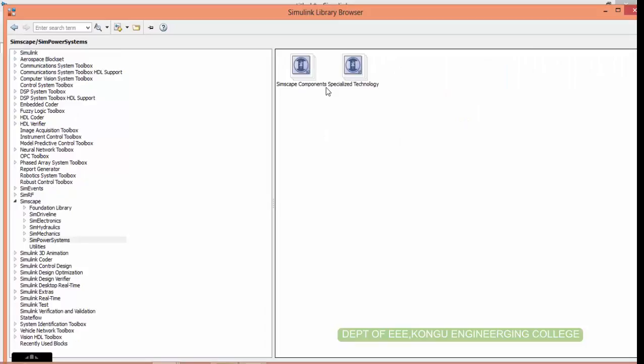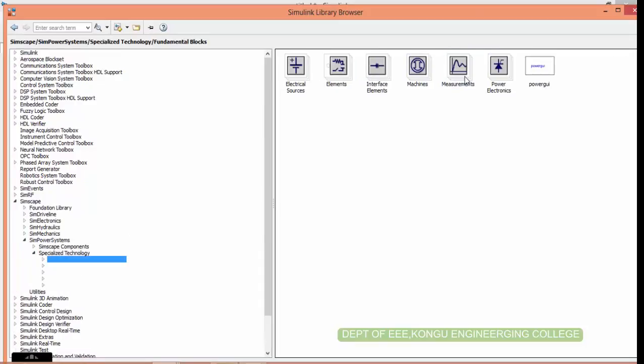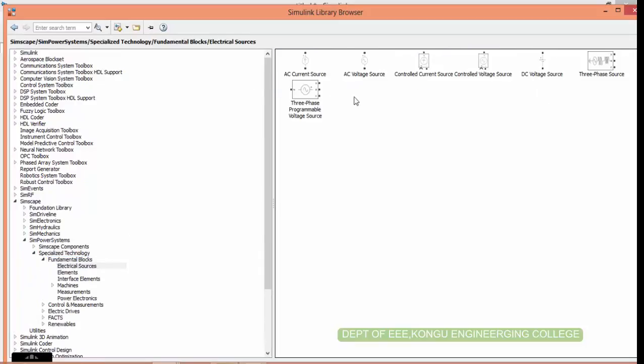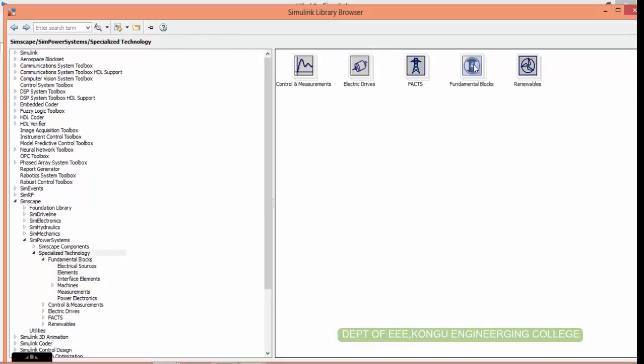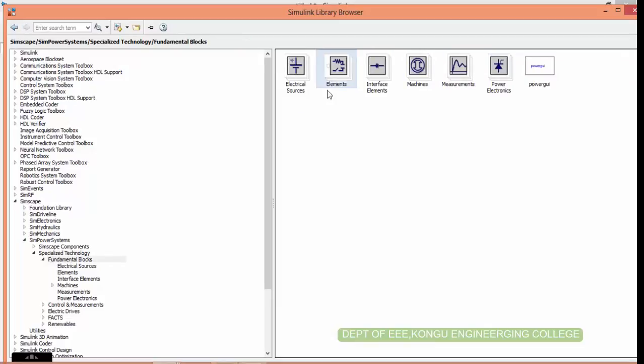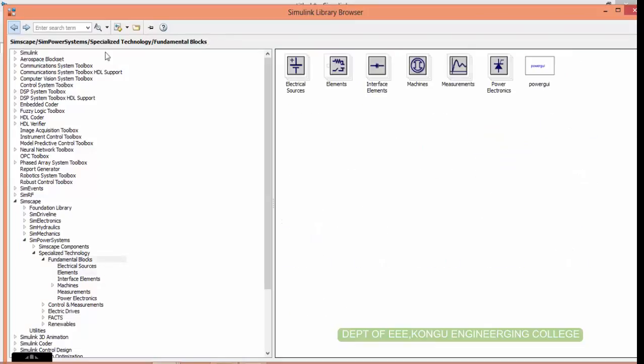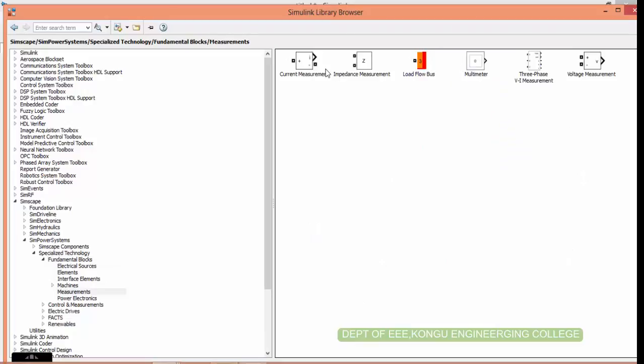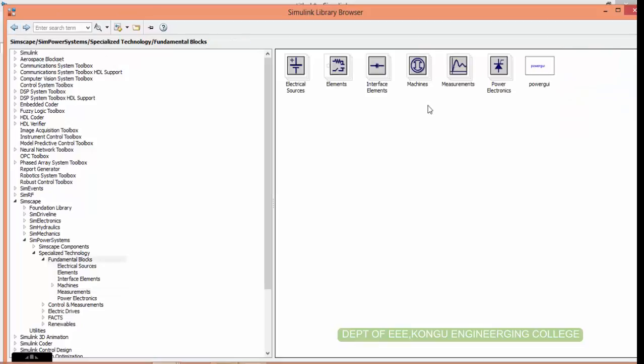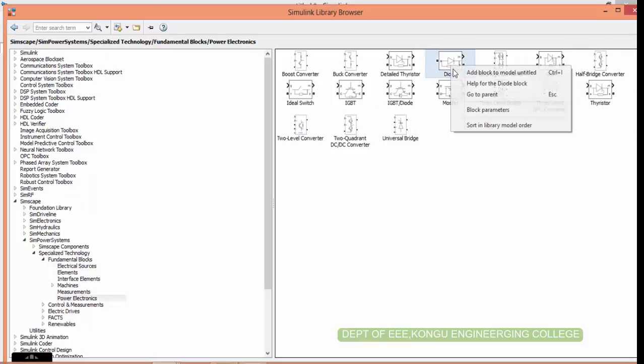Go to SimScape, specialized technology, fundamental blocks, AC source, resistor, current measurement, voltage measurement, powergui and type.